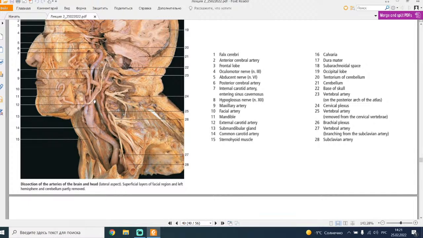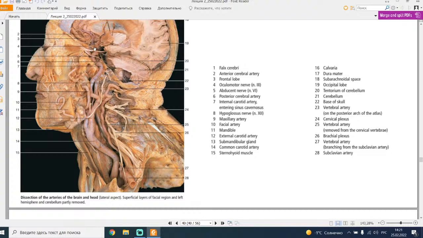Next, the external carotid artery and the internal carotid artery. What you see, pars cervicalis, pars petrosa. This is next, this is the cerebral part. This is pars cavernosa. This is the internal carotid artery. This is the external carotid artery.